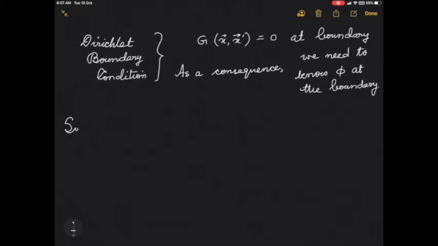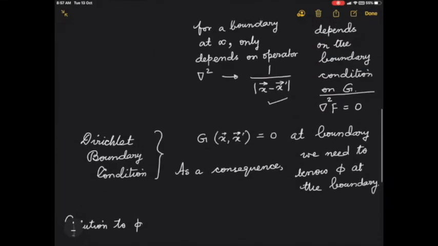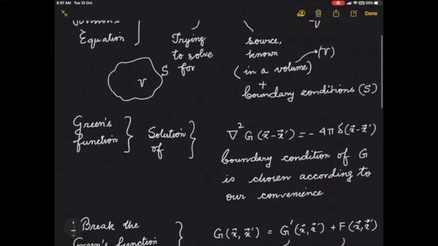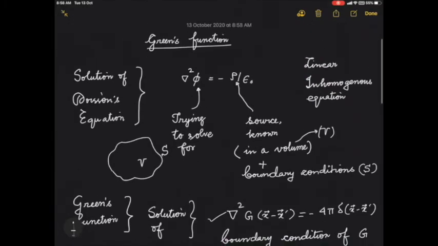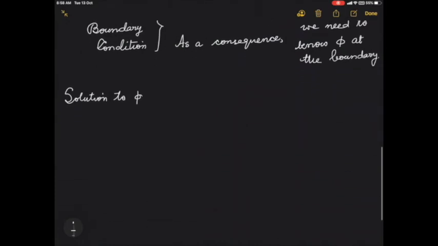If I do all these, now the general solution to phi. Till now I have been dealing with solving a problem that I created, which is this one. But we are interested in solving the original Poisson equation. So the solution for that Poisson equation now can be written this way.